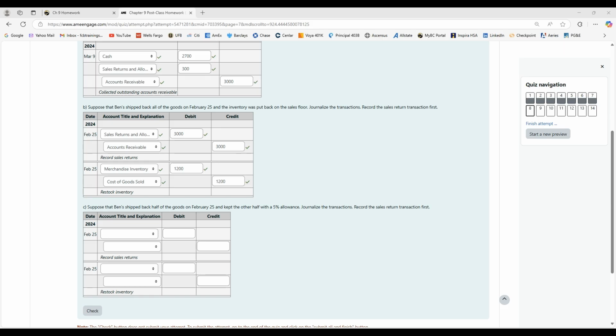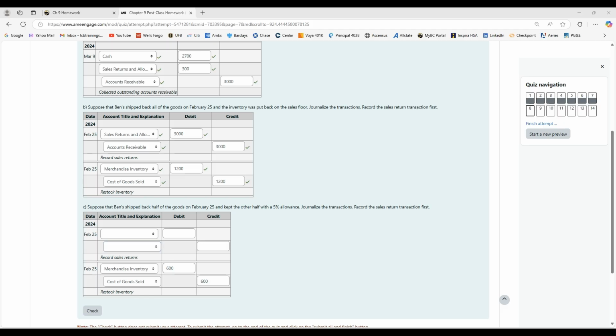Originally they owed us $3,000, and that cost us $1,200. So when they send half of it back to us, we're going to do essentially the same entry, right? We're putting the inventory back on our shelves and reducing our cost of goods sold by half of the $1,200 because they sent half of it back.